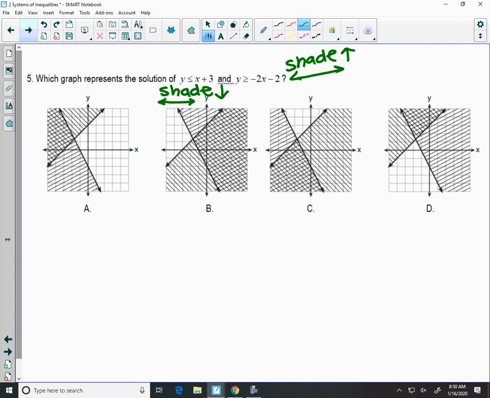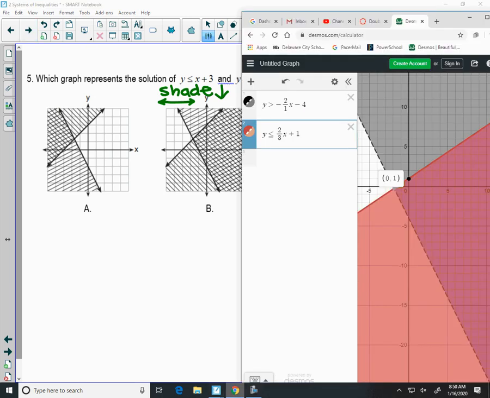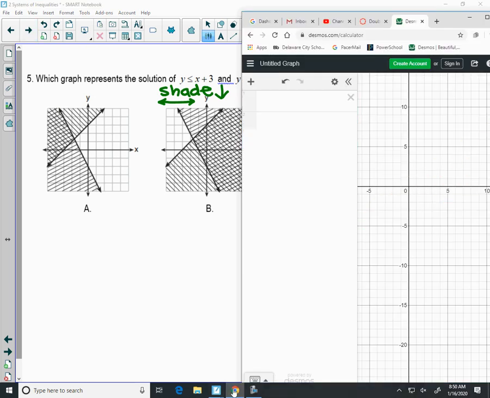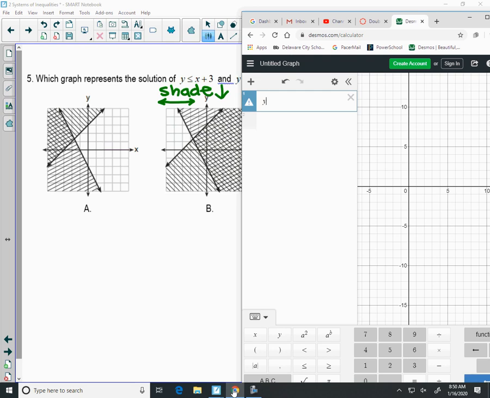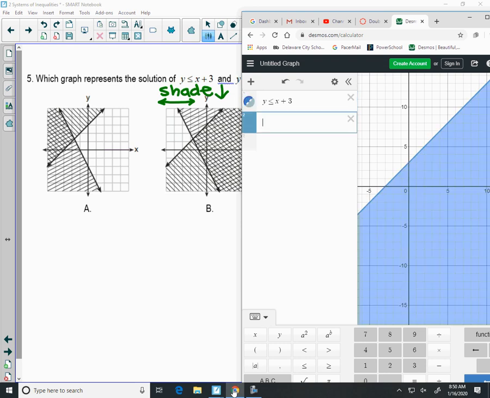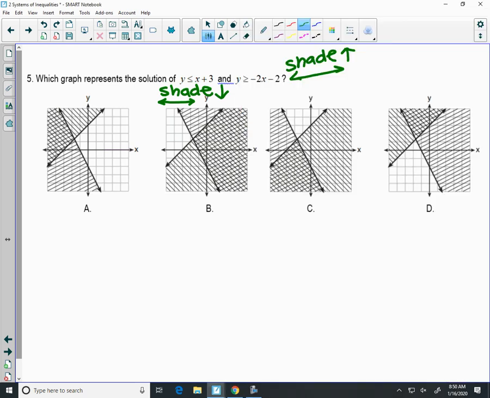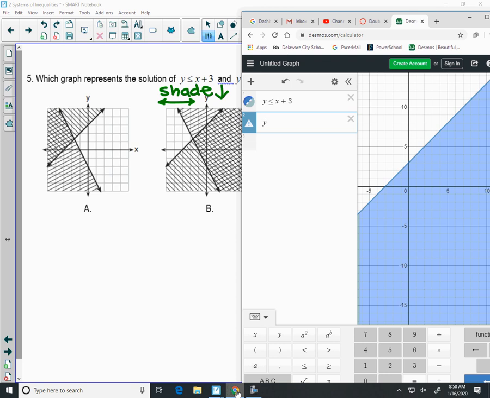So I would put it into Desmos to check it. I think that is what makes the most sense. So I have y is less than or equal to x plus 3. And you're welcome to do it by hand. And I have y is greater than or equal to -2x.